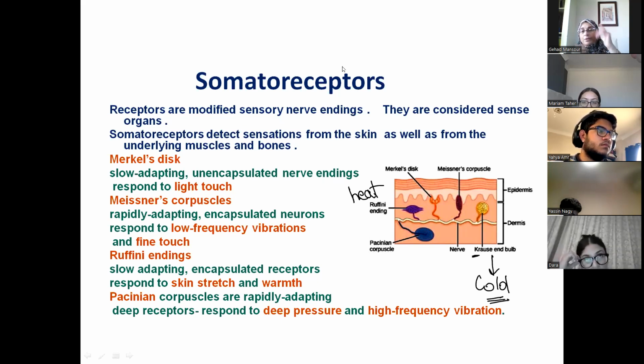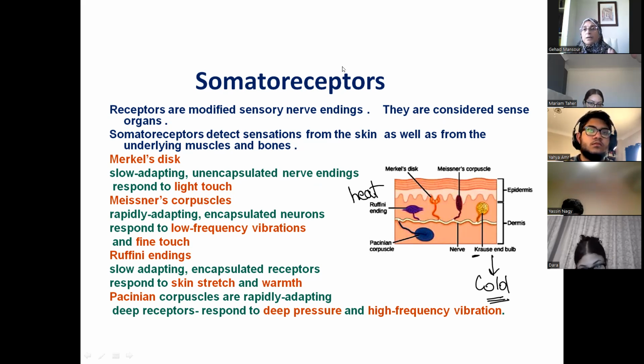You can make him close his eyes so he doesn't see what you are doing, and then you apply a cold stimulus and a hot stimulus. Patients always detect, if their sensation is intact, the cold stimulus before detecting the heat stimulus. So Krause's end bulb is more sensitive than Ruffini's organ.